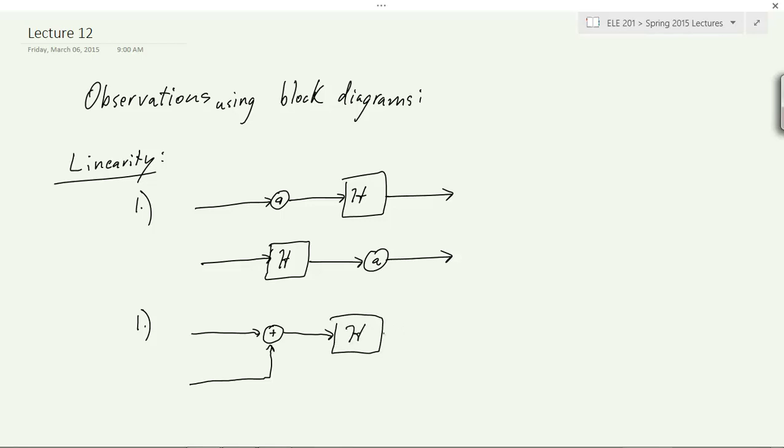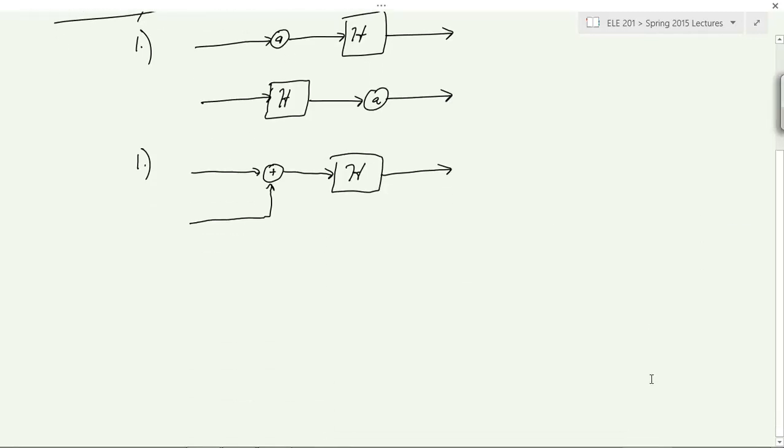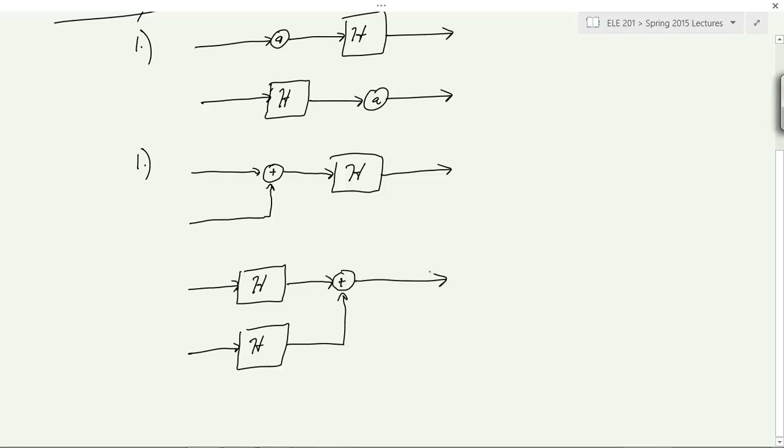And then you process it with H. It goes through the system H. That should be equivalent to doing the H before the summing, of course, on each input. So if H behaves such that these commute, then it's linear.